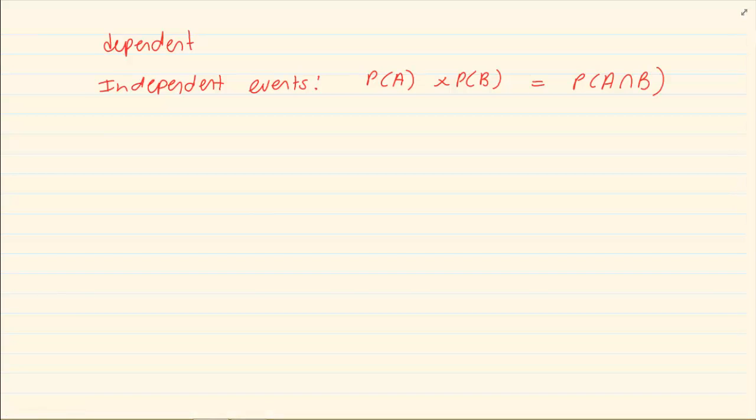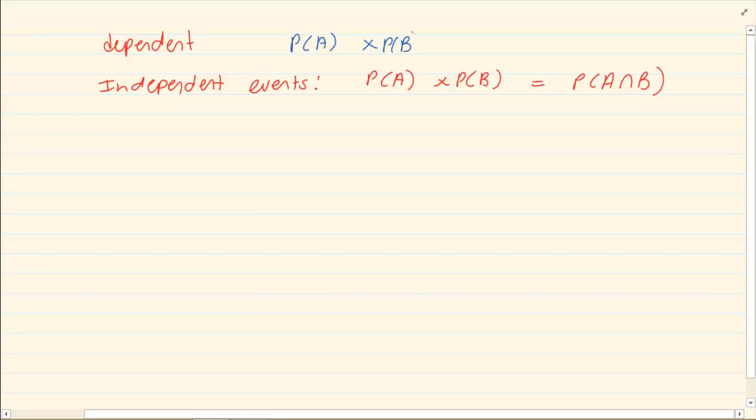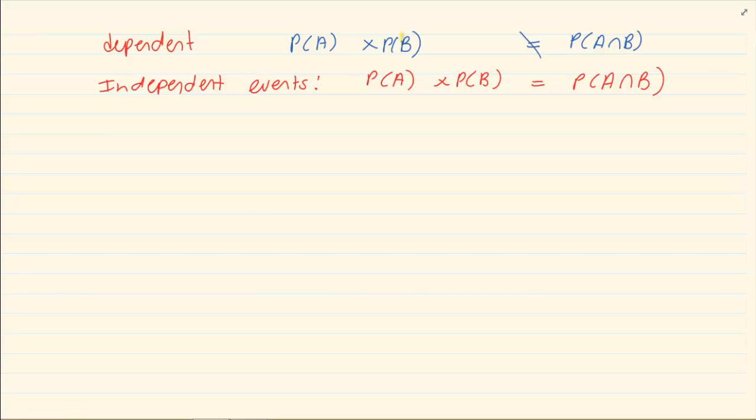Now when they are dependent, when you calculate P(A) and P(B), you will see that it does not equal P(A and B). The reason is that on the second event you usually have a change in the fraction, whereas independent events means you replace anything that you take out.